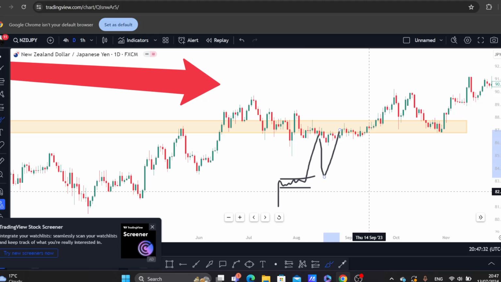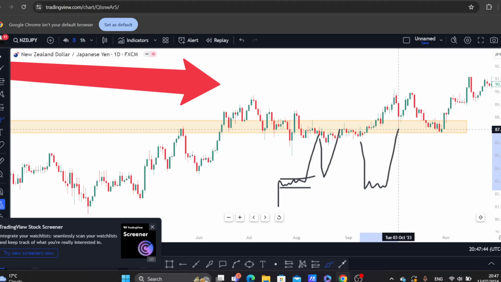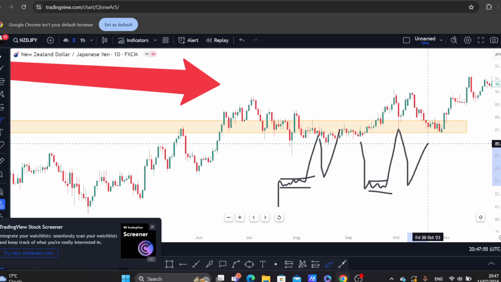The second type of demand zone is when we have a drop to the downside, then we have a base, and then we have a push up. So this becomes our demand zone. When the price comes back to the zone, we go long.